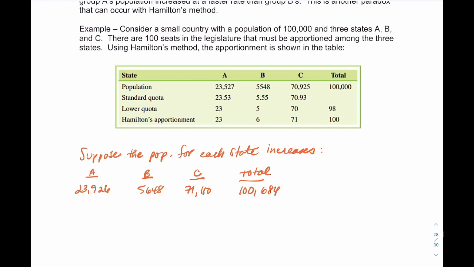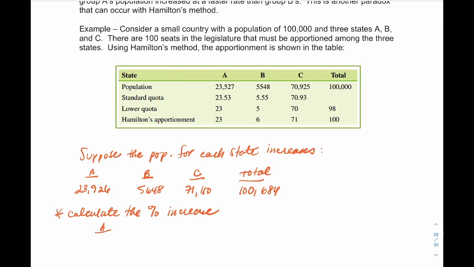So what I want to do is calculate the percent increase. Okay, how much did each of those states increase? By what percentage? Okay, so to calculate percent increase, you're going to take the new total, let's look at state A for instance.